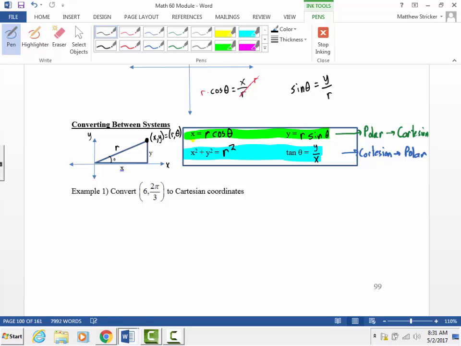Can we convert from this? Is this in polar or Cartesian? Polar. Can you guys convert that to Cartesian real quick? What do you have to know? You're going to have to take the cosine and sine of 2 pi over 3. Do you guys remember what cosine and sine of 2 pi over 3 are? Maybe.